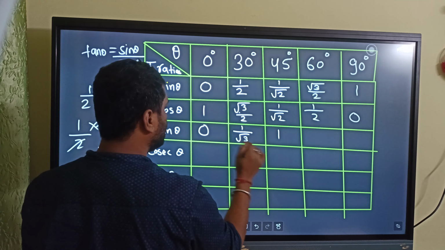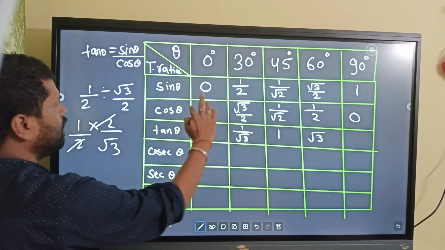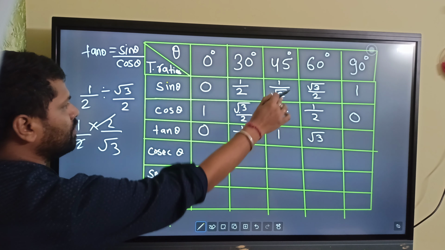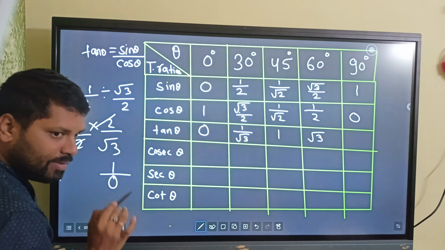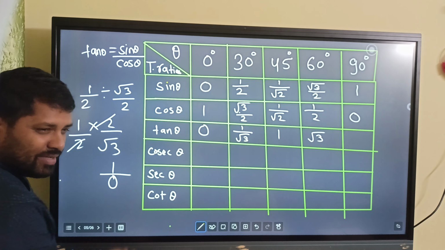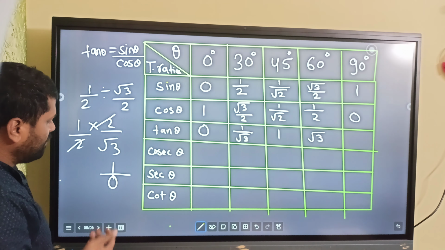Okay, here sin 0 by cos 0 we have done. Now here ulta, so we'll get 1 by 0. Remember this, anything divided by 0 cannot be defined. It's like if you have one chocolate and I tell you to distribute it, how many people can you distribute it to by giving 0?